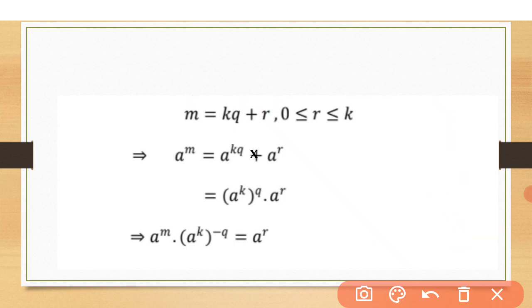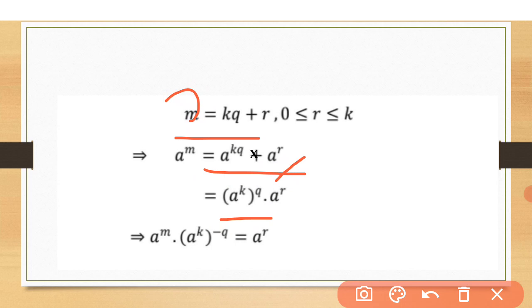Let's take the equation in the power of a. Here this side will be a raised to power m equals a raised to power kq plus r, and we can also write it as a raised to power kq into a raised to power r. So we can also write it as a raised to power k, raised to power q.